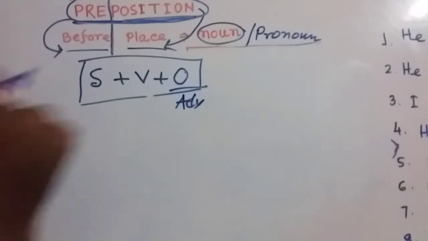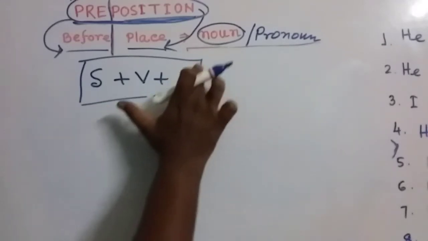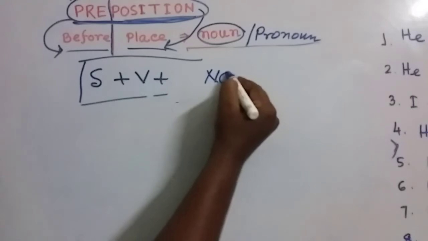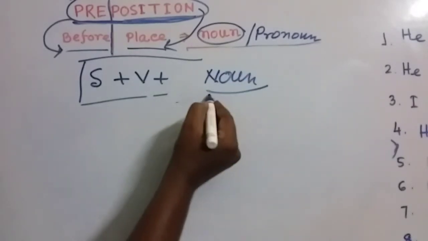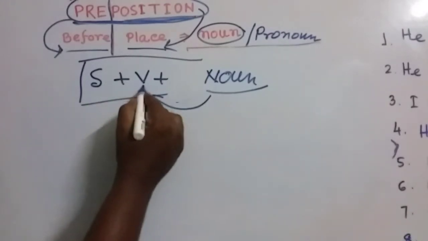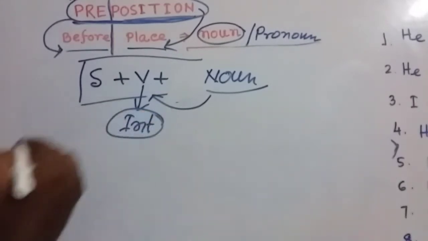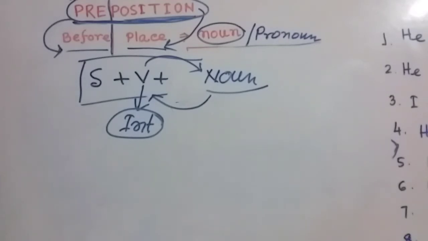Now my dear friends, if the structure is subject, then verb, and then there is a noun or pronoun, and mind it, this noun is not the receiver of this verb, that means this verb is an intransitive verb. If it is a transitive verb, this noun will be the receiver of this action.